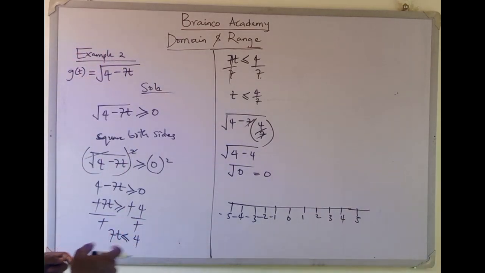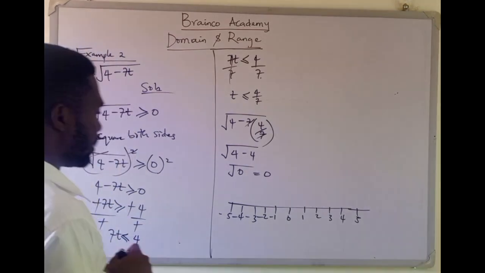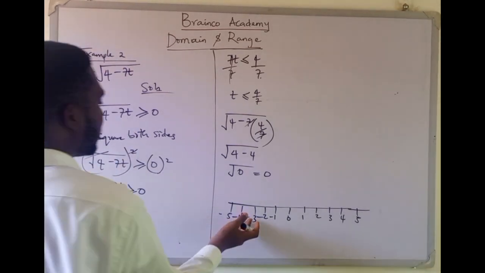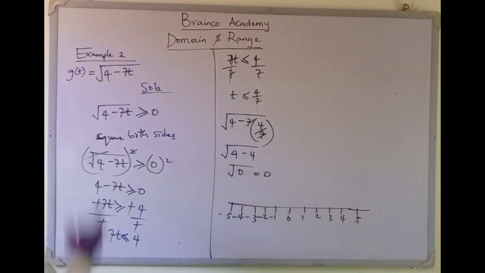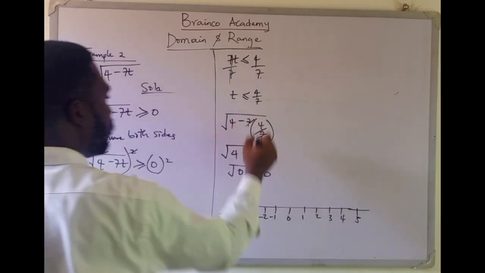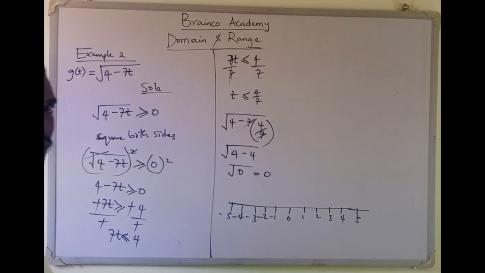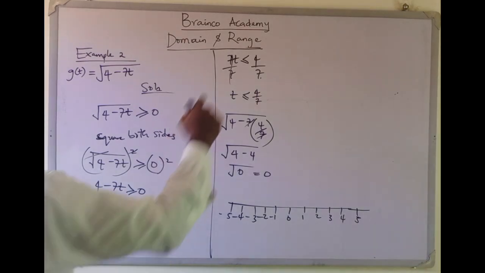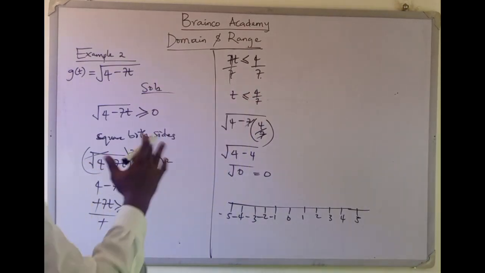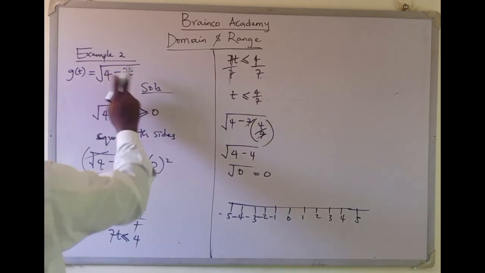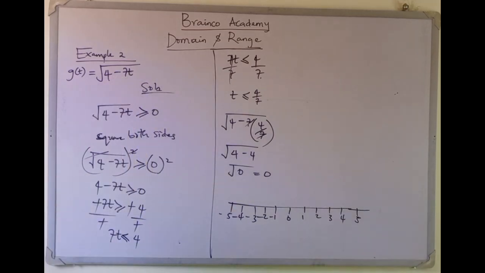You have 39. If you punch your calculator, you can get the square root of 39. So that means any negative number you try here, it's going to work up till 4 over 7. Any number greater than this 4 over 7 will make this function undefined.